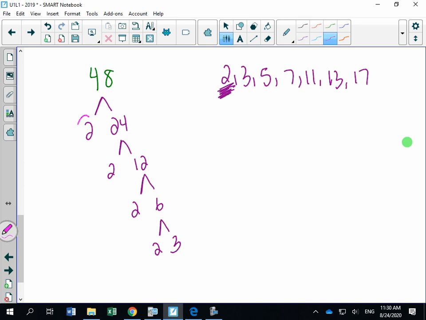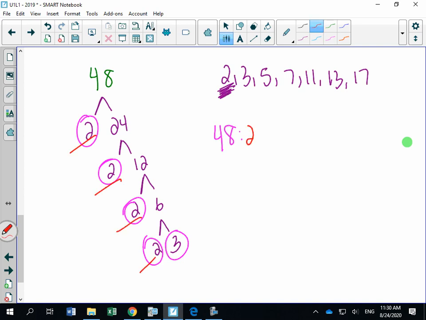Then I tell my students, okay, circle all of your prime numbers and break down the number 48 and write it as a product of the primes. Product means multiply. So 2 times 2 times 2 times 2 times 3. Students, if they make a mistake on this, they'll make a mistake here.